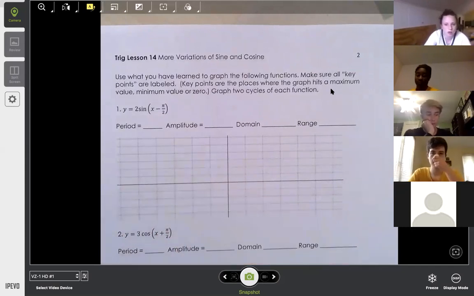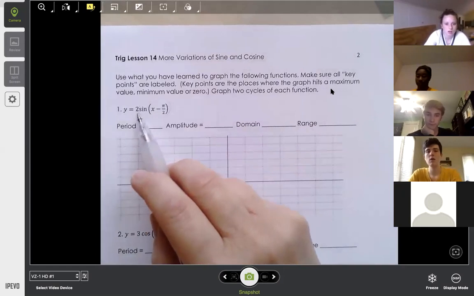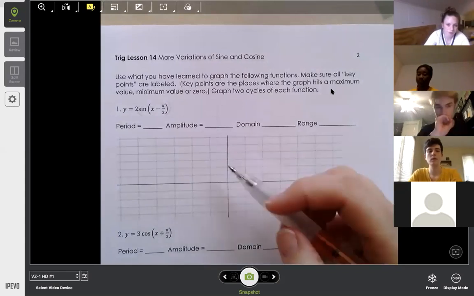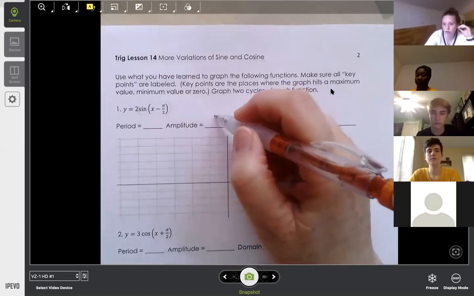Would it change the period? So this is after you find the sine, then you multiply by 2. So you're really multiplying what would have been the y value by 2. Does changing the y value change the period? No, it changes amplitude. Right.